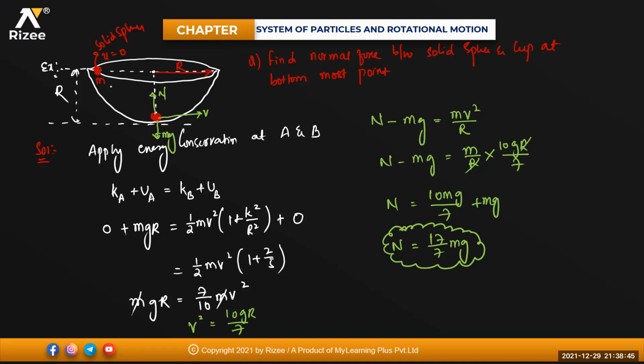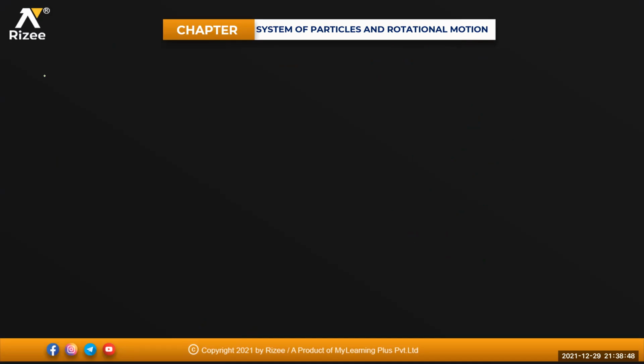Sure. Let me give you one more example. Say we have a situation something like this. This is a curved road like this. On this curved road, say this one is your hollow sphere, moving with a velocity v and also rotating with an angular velocity omega.